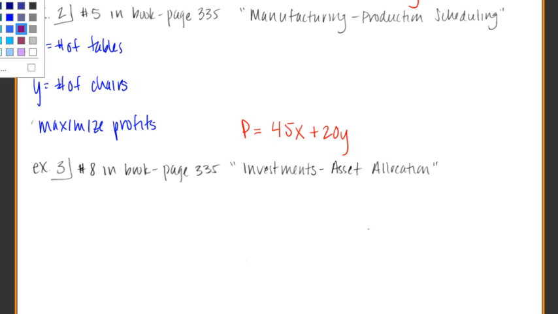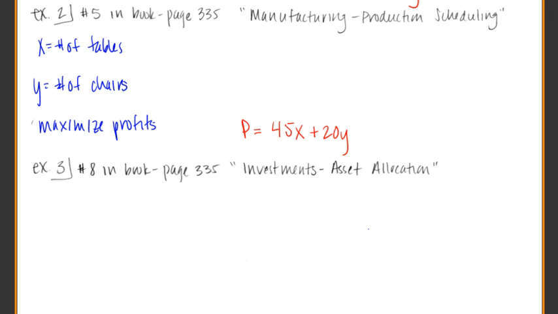Let's see if we can now get the inequalities. It says in a certain week, the company has 3,200 board feet of wood available. So it has a total of 3,200 feet of wood that it can use, however much goes towards the tables and however much goes towards the chairs. Let's go back into the problem and see where it talks about the wood feet.